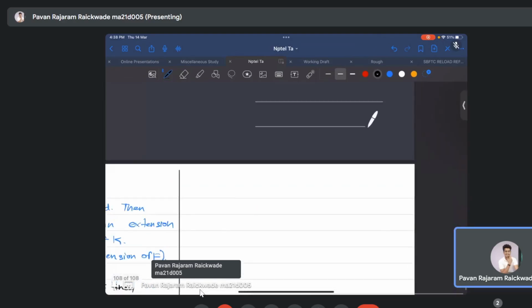Every complex number can be written as a plus ib, the set of all a plus ib where a, b belong to the reals. In vector space notation, this is simply the span of 1 and i, like a times 1 plus b times i.